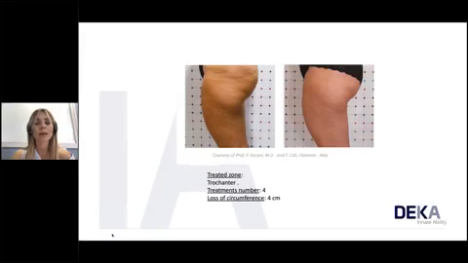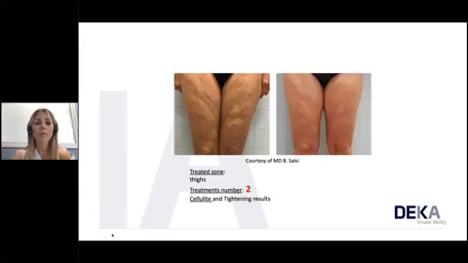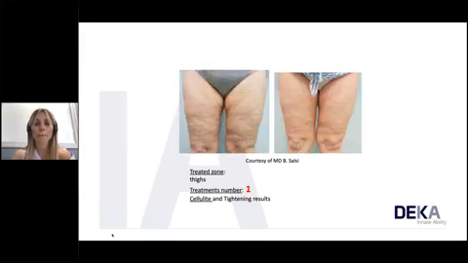And here you can see the trochanter area and the reduction in volume of this area. The treatment of the banana line after 1 treatment session and the improvement in skin quality. Improvement in cellulite and tightening after 2 treatment sessions. Again, the improvement in cellulite and tightening result after 1 treatment session.